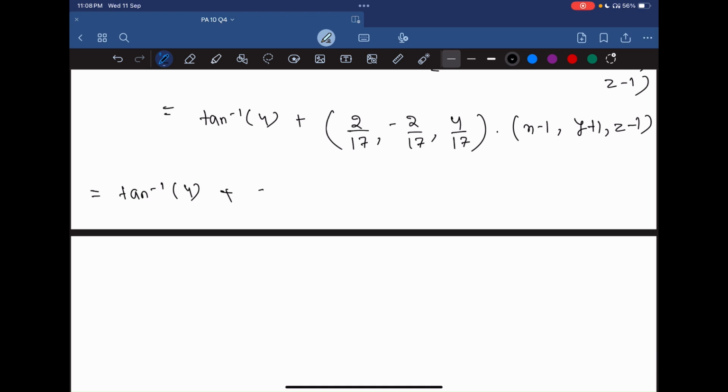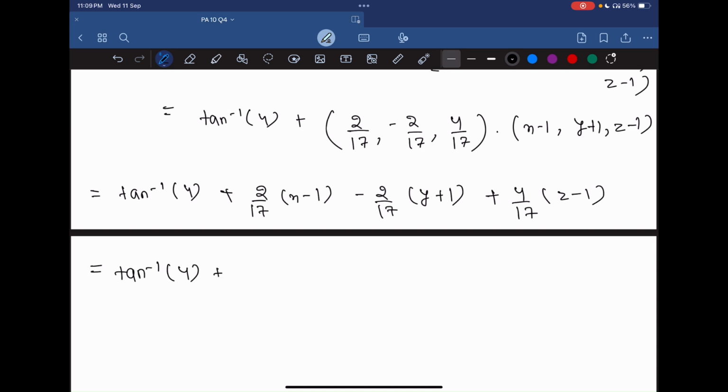Now this is tan inverse 4, plus 2 by 17 times x minus 1, minus 2 by 17 times y plus 1, plus 4 by 17 times z minus 1. Tan inverse 4 plus 2 by 17 x minus 2 by 17, minus 2 by 17 y minus 2 by 17, plus 4z by 17 minus 4 by 17.